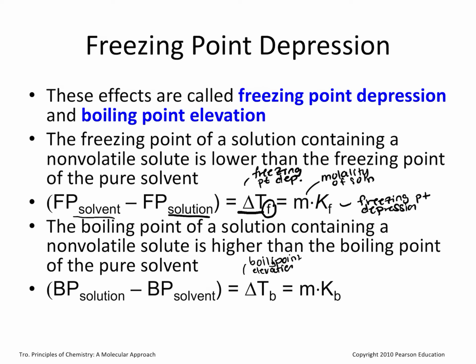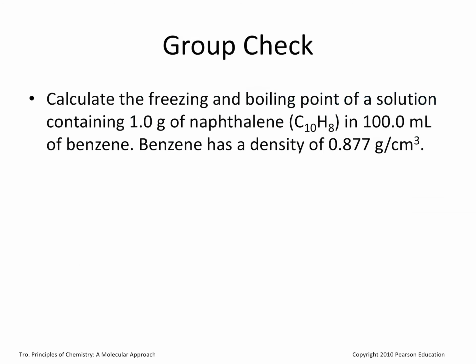So the boiling point is elevated. The change in boiling point, the boiling point elevation, is equal to the boiling point of the solution minus the solvent, notice how it's flipped, and is equal to the molality of the solution times the boiling point constant.